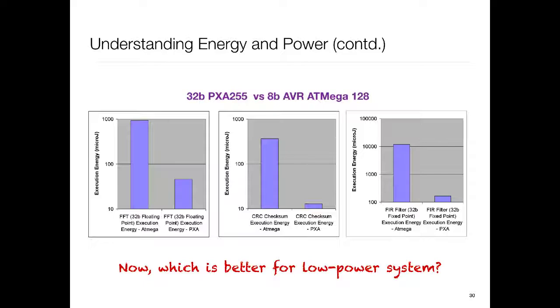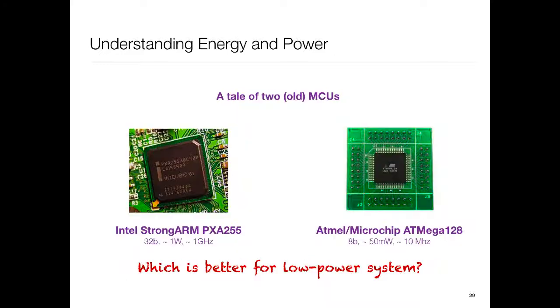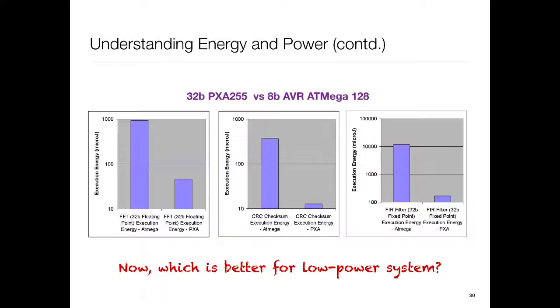Actually, this is a log scale, so the difference is even more than it seems. It is a lot less with the 32-bit processor, even though the 32-bit processor was, going back out here, 1 watt versus 50 milliwatts. So in terms of power, it was much more expensive, but in terms of computation energy, the roles are considerably reversed. So why do you think it's happening? What all factors come into play?